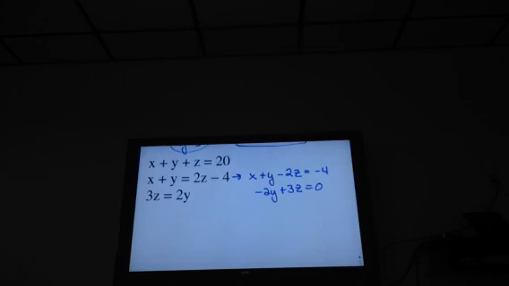Now, if you ever are given a system and one of the equations only has 2 variables in it, then box it and use it. That's that much less work for you. So this only has 2 letters, so I'm going to use that equation. So equation 3, I'm boxing it up, I'm using it.